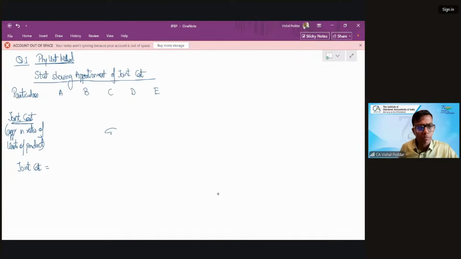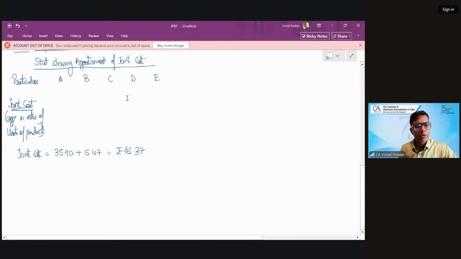So my joint cost is 4137, as already given by Medha. Correct? 4137 is my joint cost. Correct, Shamli? Correct, Geeta?